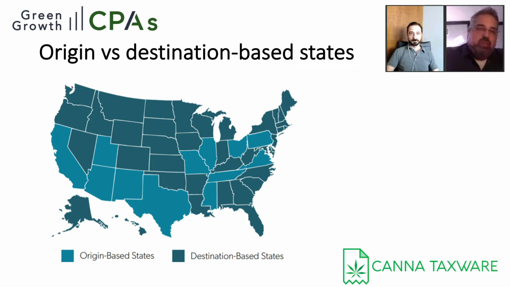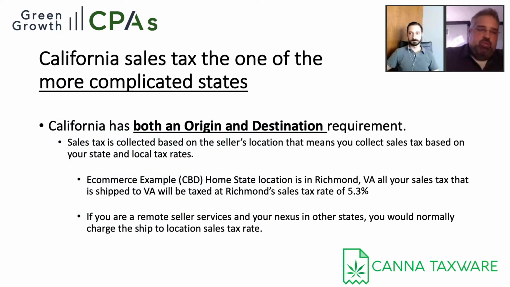In that kind of environment, we call that origin based. The majority of the rest of the United States is focused on charging sales tax where it's shipping to, and that's called destination based. So in other words, depending on the state, you may have a responsibility to collect sales tax not only on where it's coming from, but where it's going to as well.